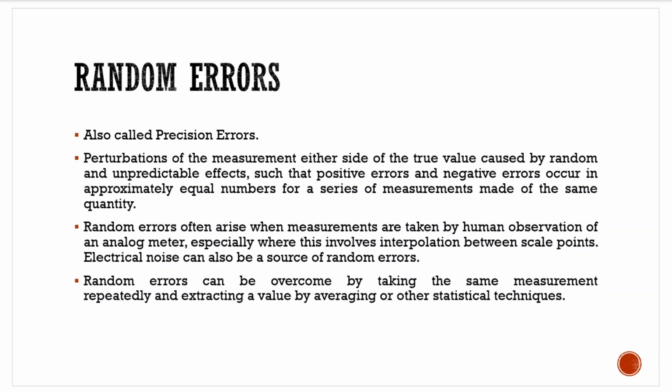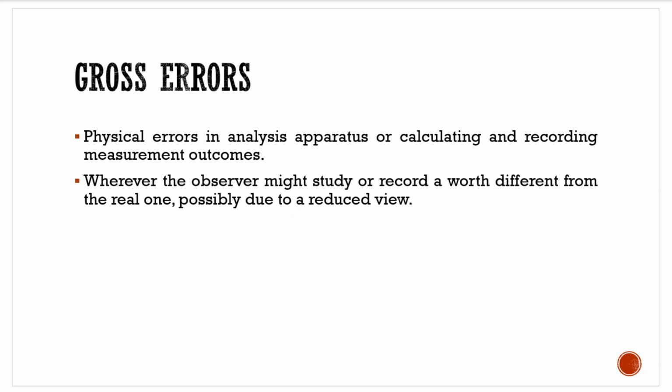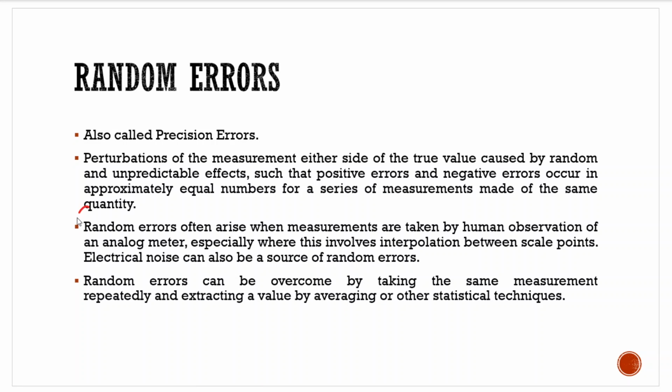Now, one of the main types of random error is actually the gross error. So gross error is nothing but error that is taking place because of improper human observation. The measurement error that arises because of improper reading by the human observer.